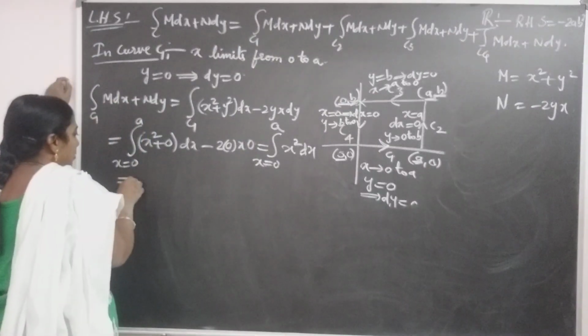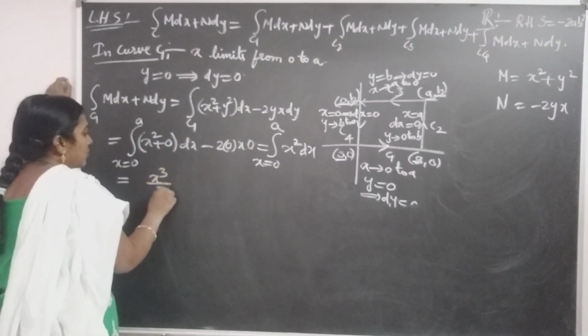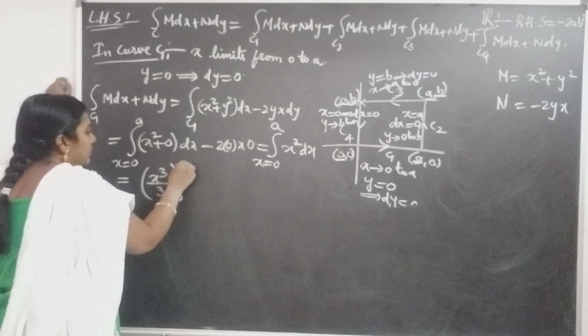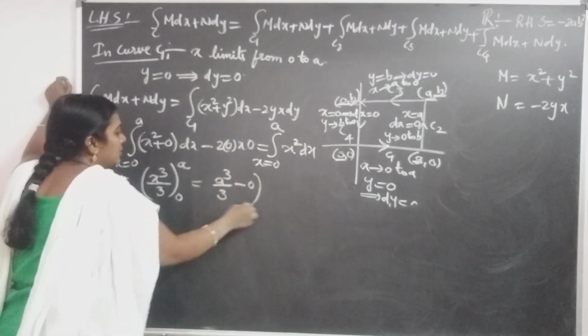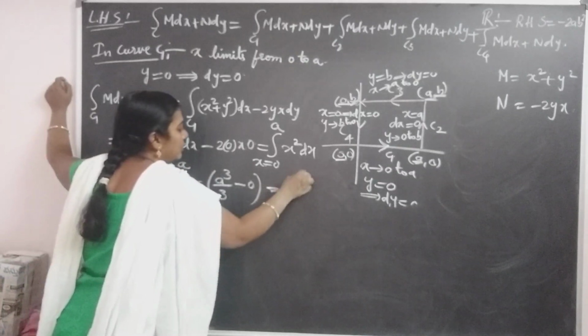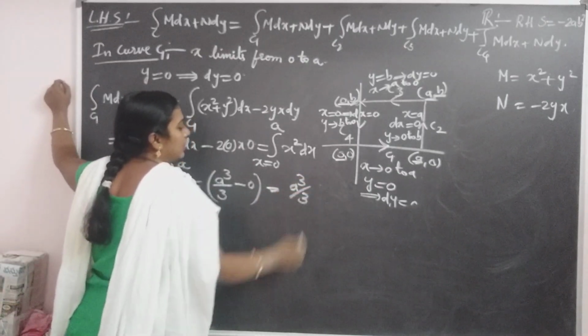The integration of x square is x cube by 3, limits from 0 to a, that is a cube by 3 minus 0, equal to a cube by 3.